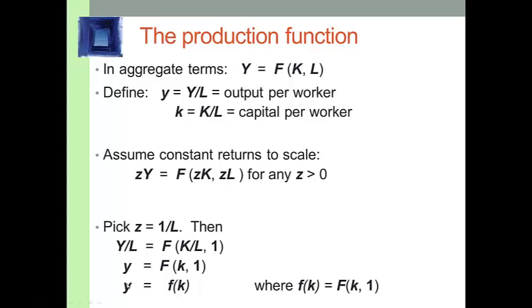So y is our output per worker and f(k) is our capital per worker. So this is our basic production function that we're going to use in our Solow framework. When we work through the algebra, we express our aggregate production function in per worker terms.